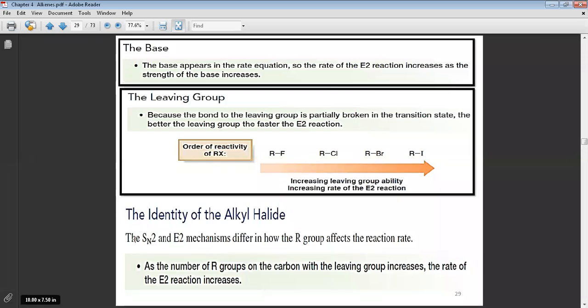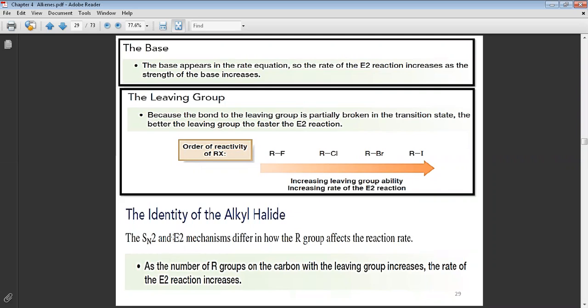That means a tertiary alkyl halide cannot enter the SN2 reaction. It will be SN1. Why? Because the steric effect here differs. Reverse: more R groups substituted on the carbon of the leaving group is better for the E2 mechanism.